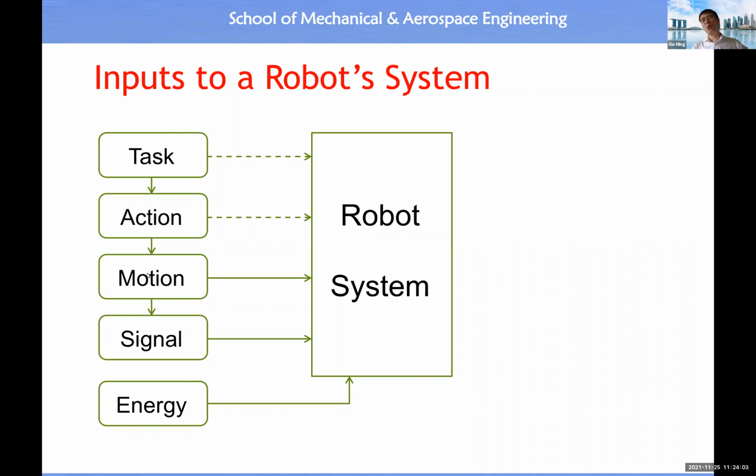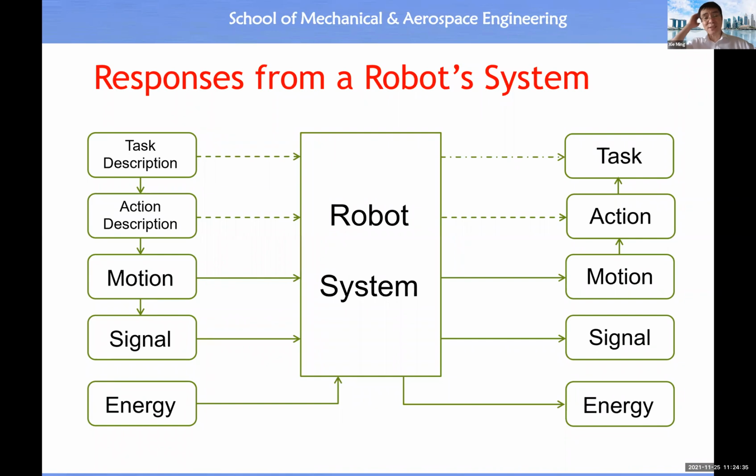The motion description can be described in terms of equations. Inside the equation, we have variables, and a variable carries a value. All these values correspond to signals. Then behind the signal there must be energy associated with the signal, for example the torque and the angular velocity. If you multiply these two together, it gives mechanical power. So that is energy. Behind the signal, there must be energy.